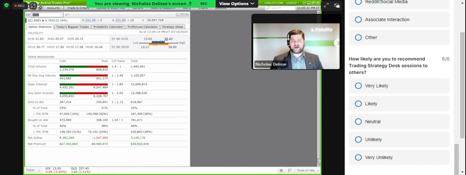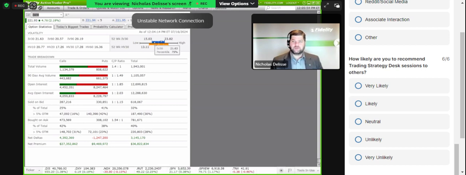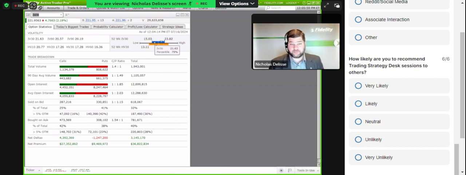From that particular perspective, a lot of traders look at volatility to be mean reverting, going back to the middle. And so when implied volatility is a little bit elevated, we see it's in the 75th percentile, they might have the expectation it's going to come back down, so they might be a seller. Likewise, when it's down at the bottom, at 15 to 17, which is in the bottom percentile, they might tend to be a volatility buyer.